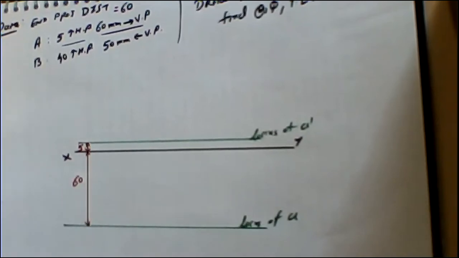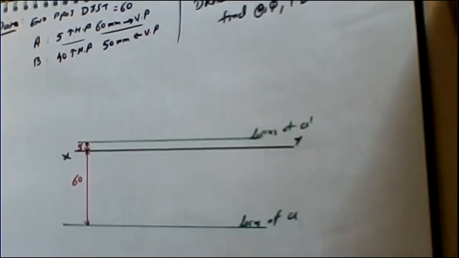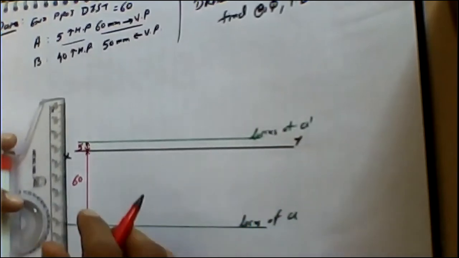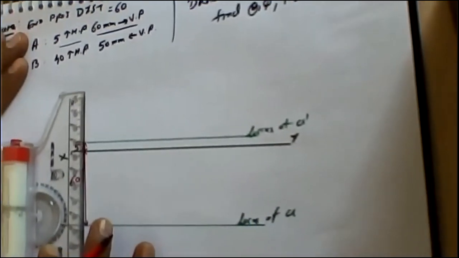Now let us consider the second point also, 40 mm above HP, 50 mm behind VP. So the point is in second quadrant, and for second quadrant, whenever projection is transferred, the plan and elevation are going to be above the reference line. So here we are going to note that particular reference.